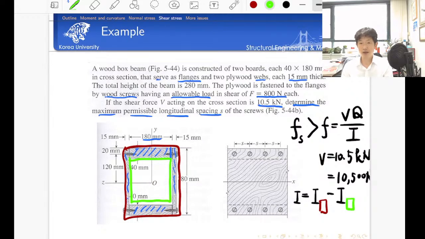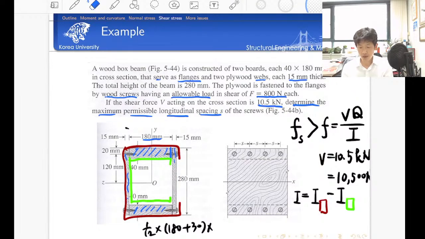In this way, we can calculate the second moment of inertia of this rectangular section very easily. For example, for this large section, this is 1/12 times the width, 180 plus 2 times the thickness, that's 30 millimeters, and the height is 280 millimeters cubed, isn't it right?